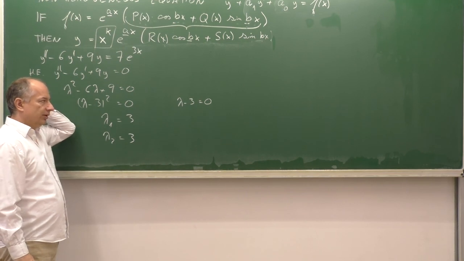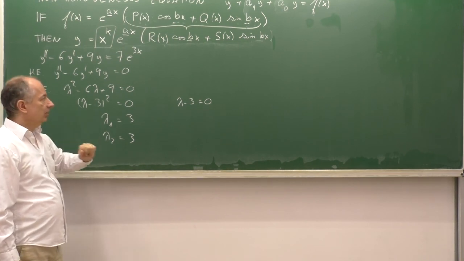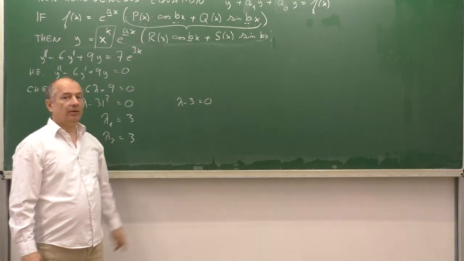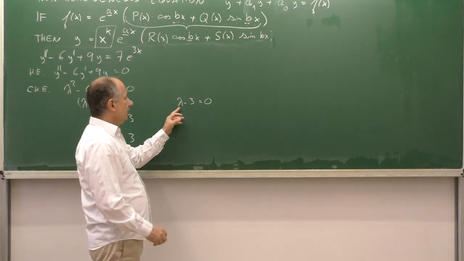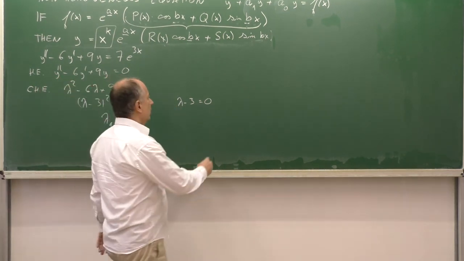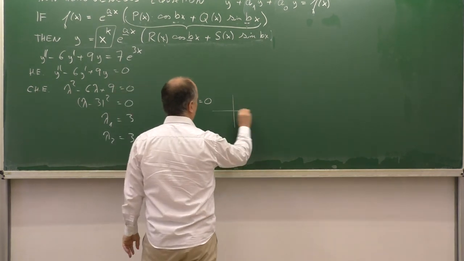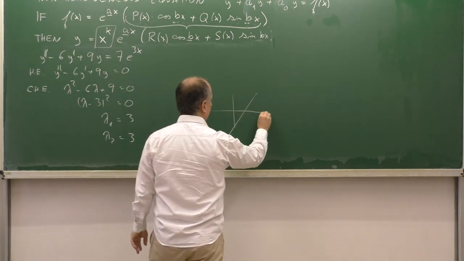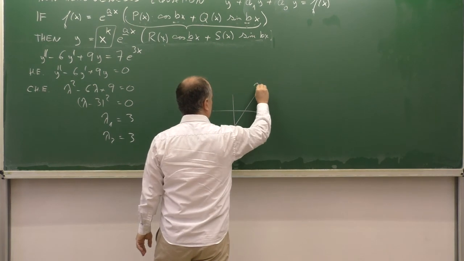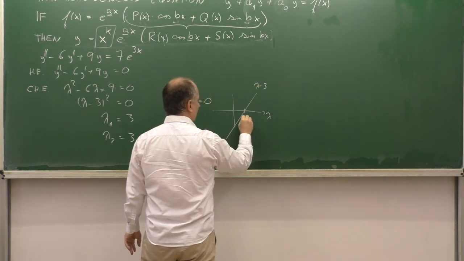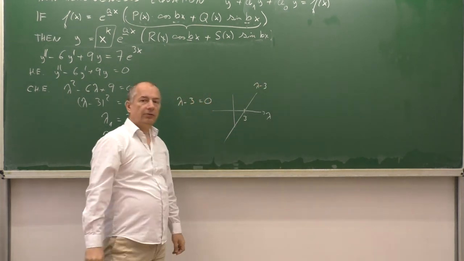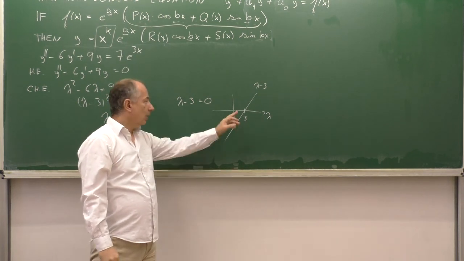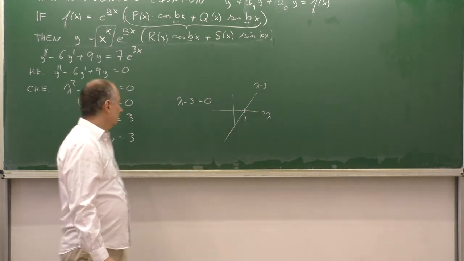Also, the difference will be quite visible when we plot the left-hand side. The function lambda minus 3 looks like that, and it is equal to 0 for lambda is equal to 3. One simple root.